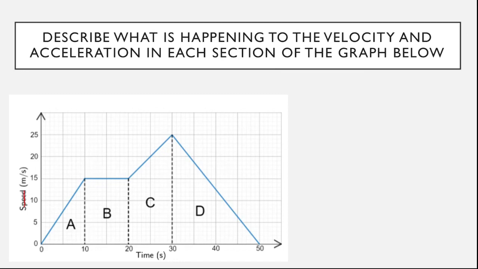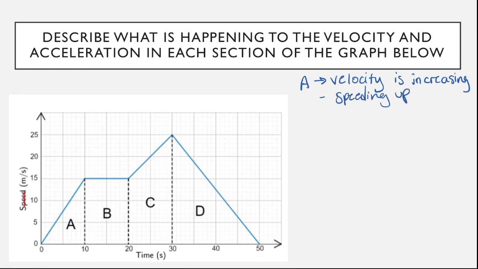Okay, well, let's talk about section A first. What's happening to the velocity there? It's getting bigger. So the velocity is increasing. All right, so that means that this is speeding up. And we're assuming that this is speeding up in a positive direction, so acceleration is positive.